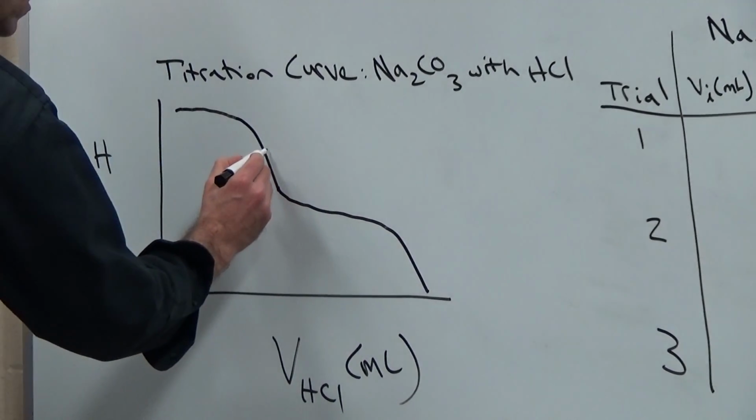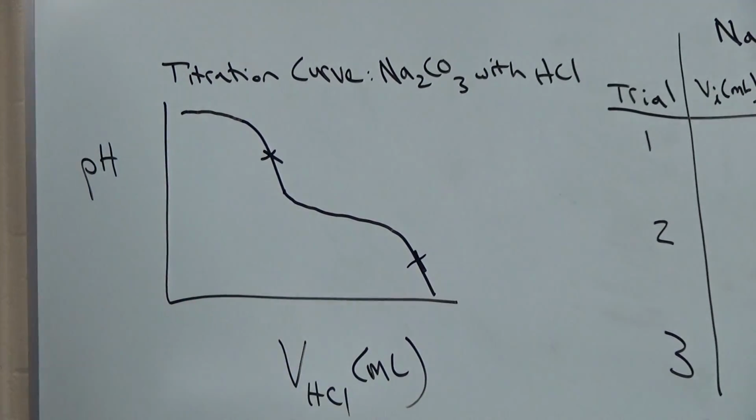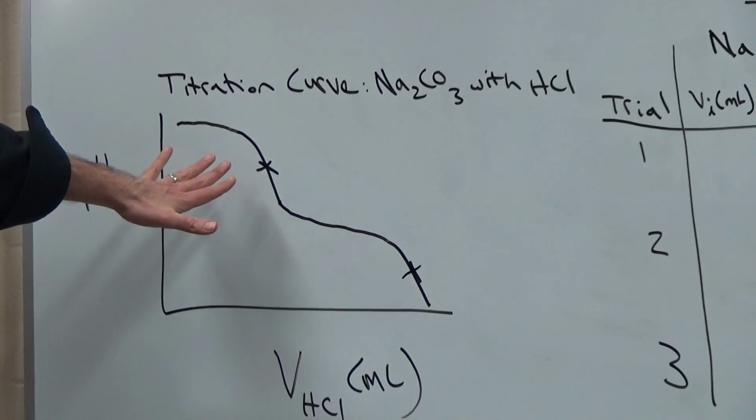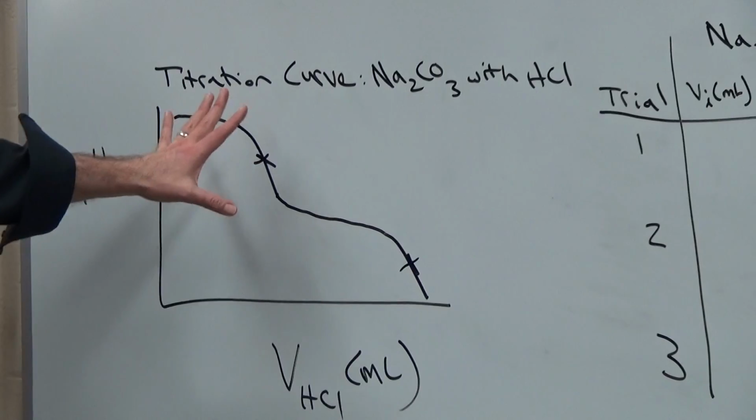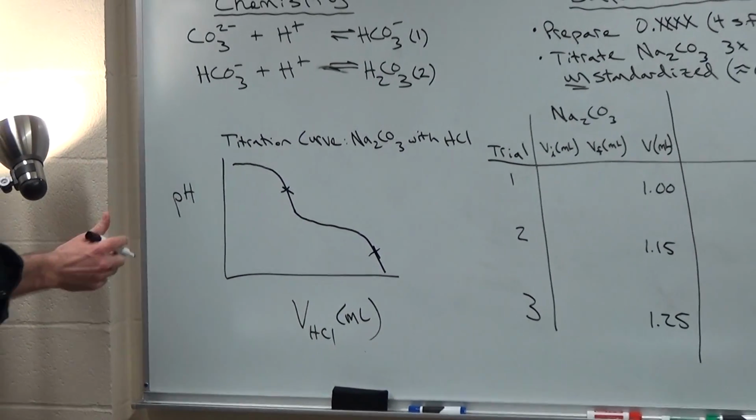And your two endpoints, if you've had calculus, are in theory the inflection points, if you remember that, of the curves. So now you're not doing this this week. I thought this would make sense. So in the middle of the steep point is the theoretical equivalence point.